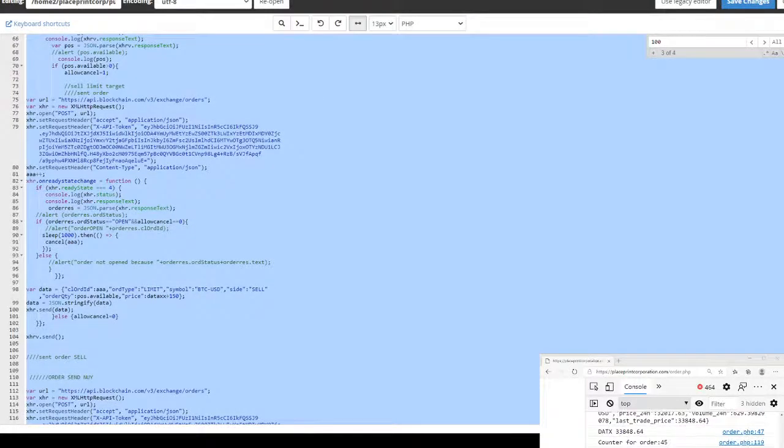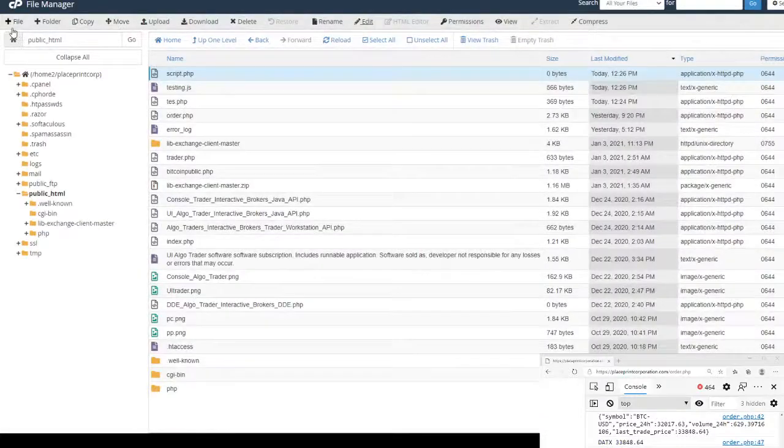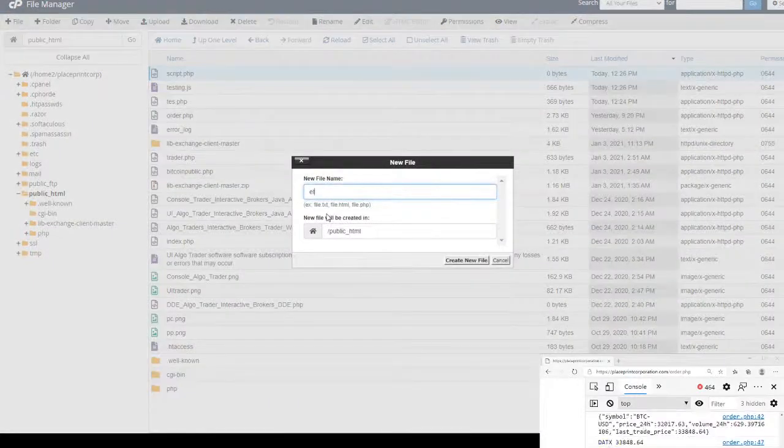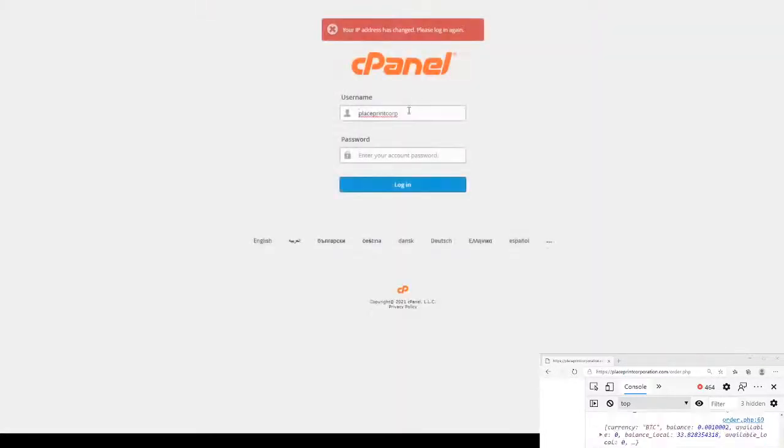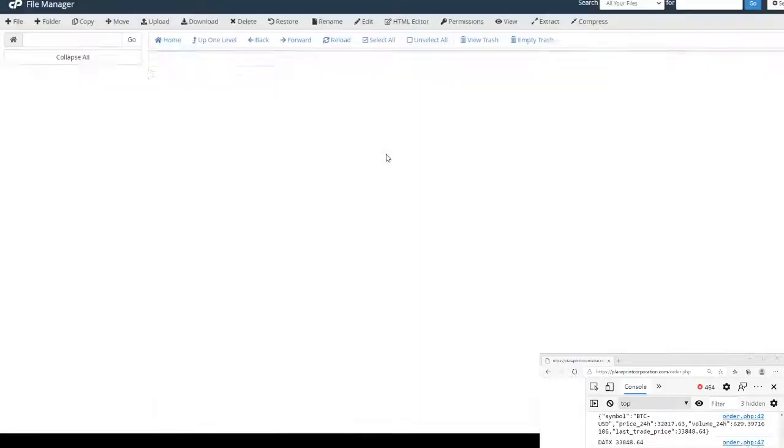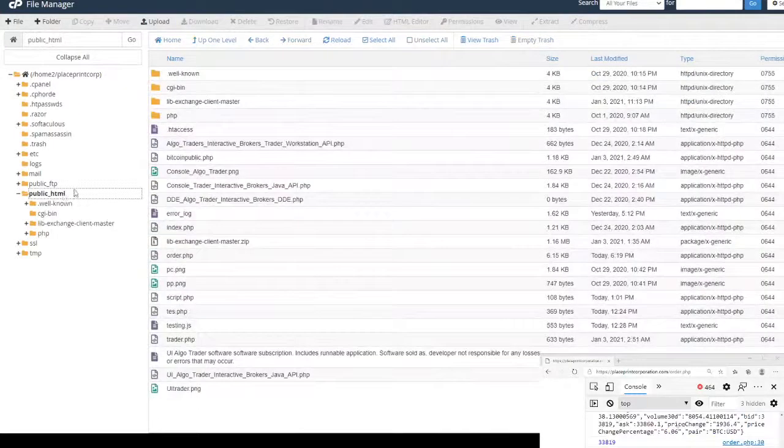We'll copy. We'll go over here. Click New. We'll click ETH.php. Create file. Session expired. Log in. Here we go. Where new file?